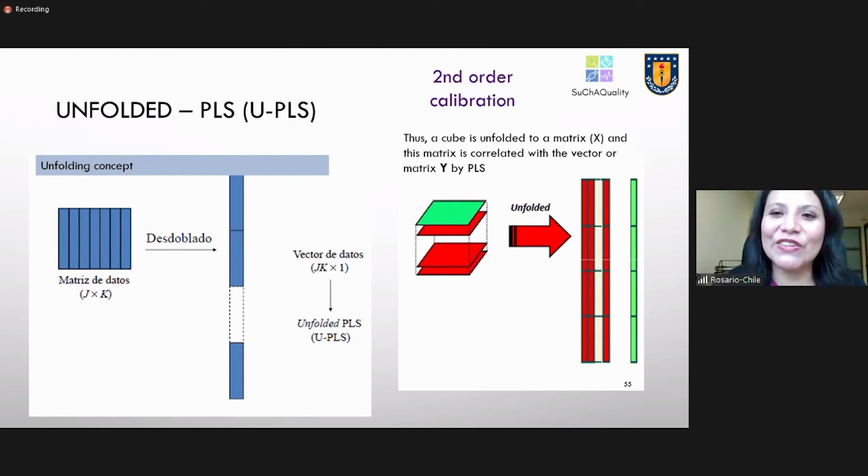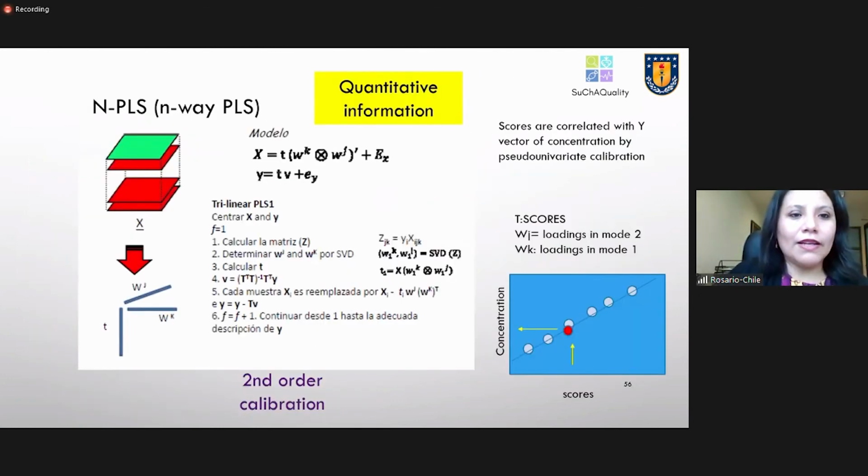And this is the second order advantage, okay? But I need a hyphenated method or a cube of information. One method is not enough, okay? But I can use my mathematical model to quantify one analyte in the presence of non-modeled interference, okay?